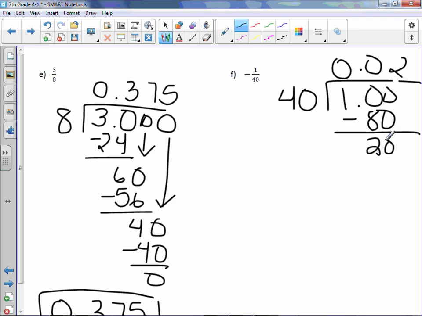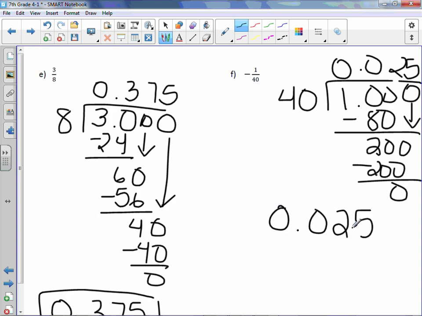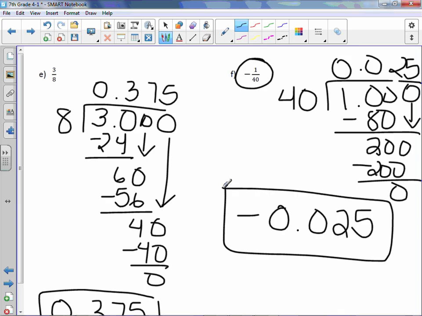And we have 20. Bring down a 0. Goes into 200 exactly 5 times. So I have 0.025, and do not forget the negative sign. So really with division, you're just going to carry down that positive or negative.